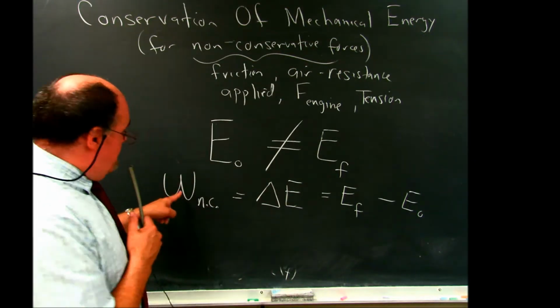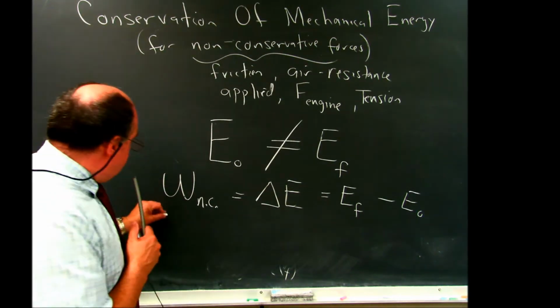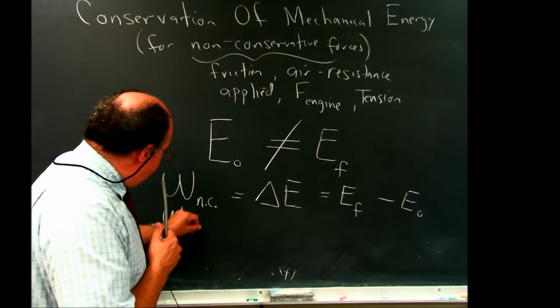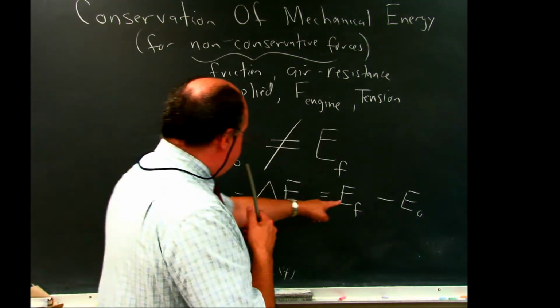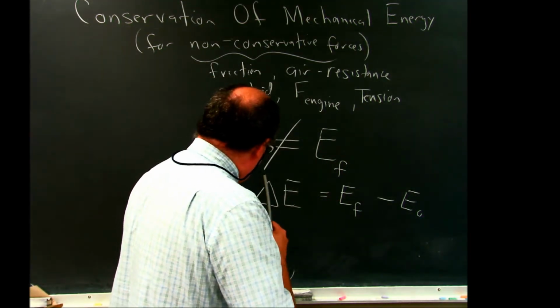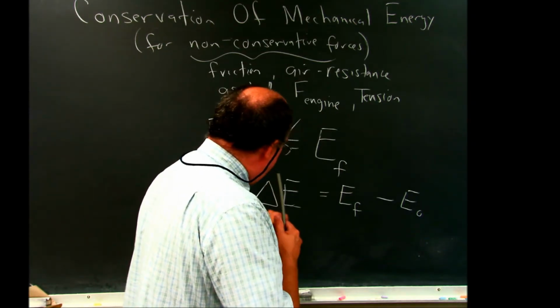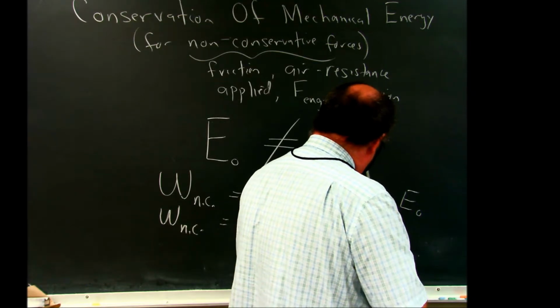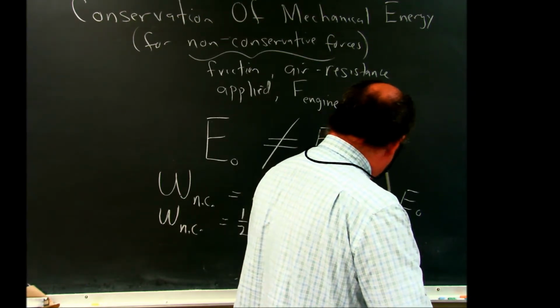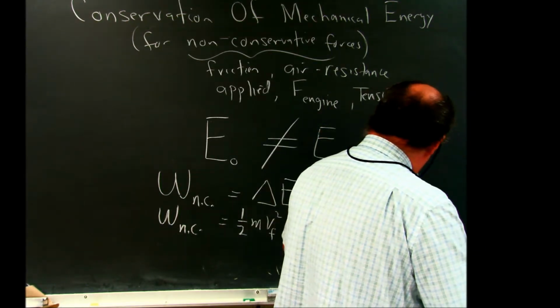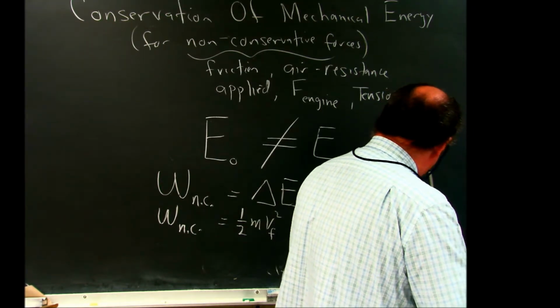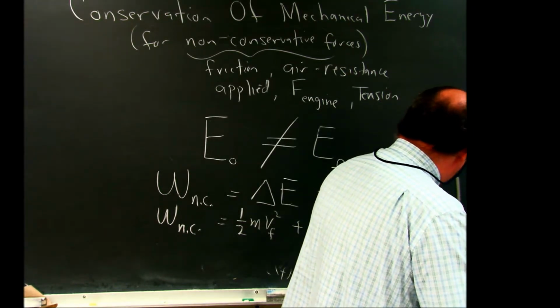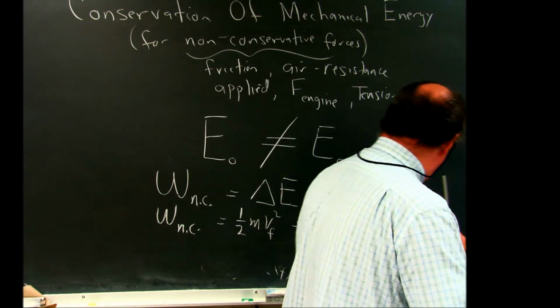So the work non-conservative will equal 1/2 m v final squared plus m g y final, minus 1/2 m v initial squared minus m g y initial.